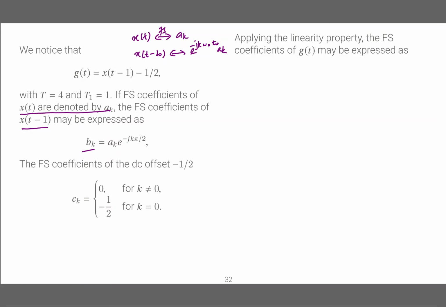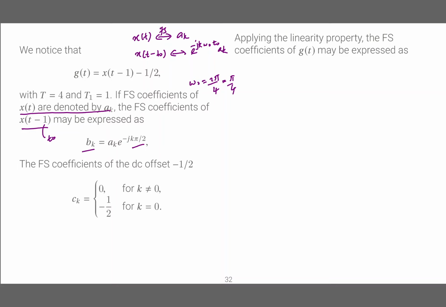Using that relationship, of course, t naught is 1, and omega naught is equal to 2 pi over 4, that is pi over 2. We get this.